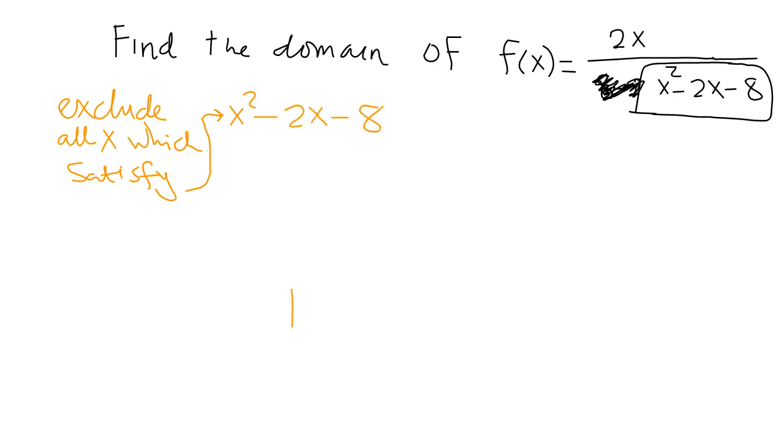So you go to the real numbers and you exclude all of the roots of this equation. All the roots of this equation. How to solve this equation? You go to your calculator, mode 3.